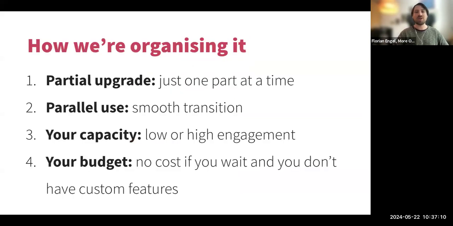So the way that we're organizing it is, first of all, partial upgrades. It's not like there will be one point in time where you'll just have all of the new features. For the majority of you, you will have some of the new features and a part of your system will already be upgraded. So one part at a time.